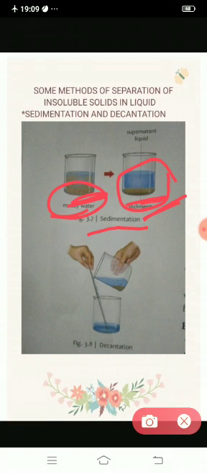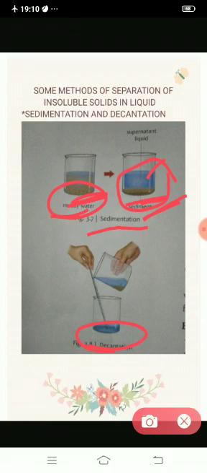The solid particles that settle down at the bottom are known as sediments, and the liquid at the top is known as the supernatant liquid. Now what will we do? We will use the process of decantation.